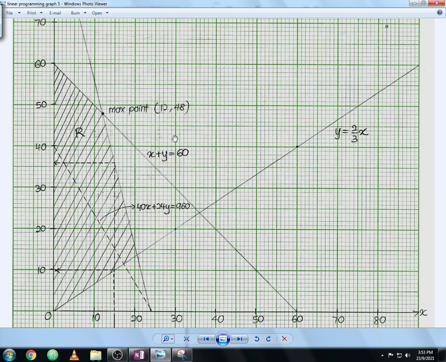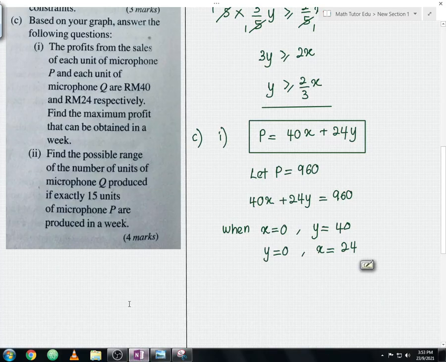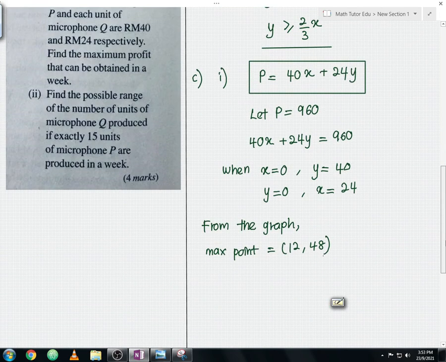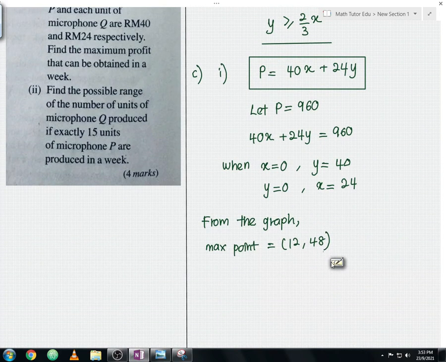Let me close this and go back to our main discussion. From the graph, we find out that the maximum point is equal to (12, 48). So from here, we're going to use this point to calculate our maximum profit.